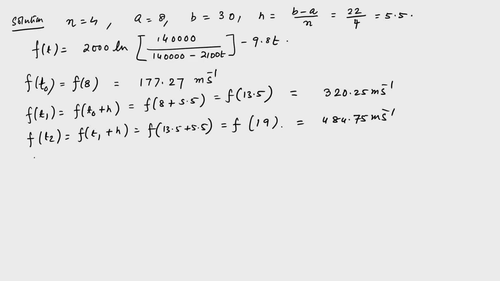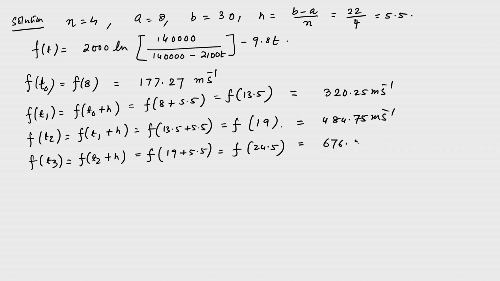Similarly, t 3 is equal to t 2 plus h, which is 19 plus 5.5, which is f of 24.5, which if you calculate becomes 676.05 meter per second.